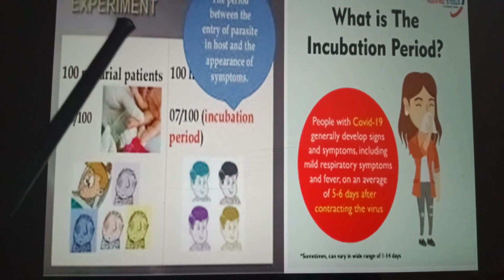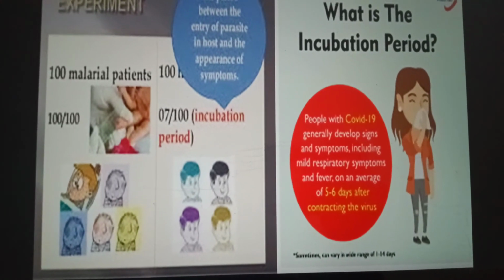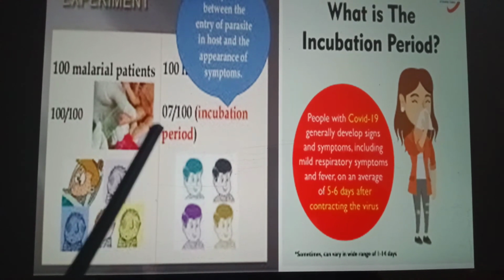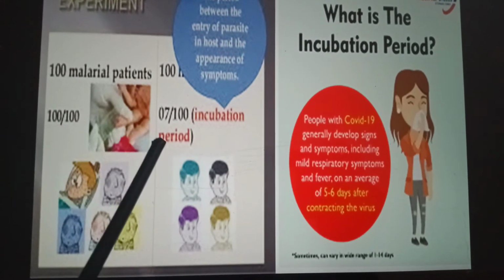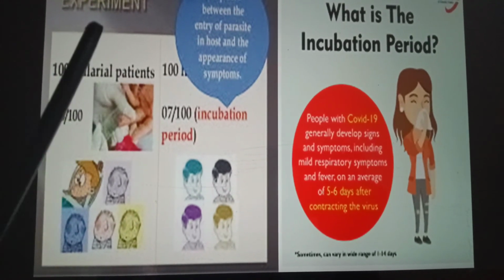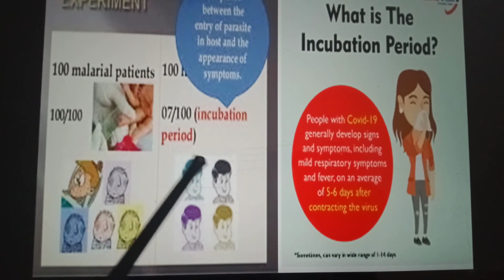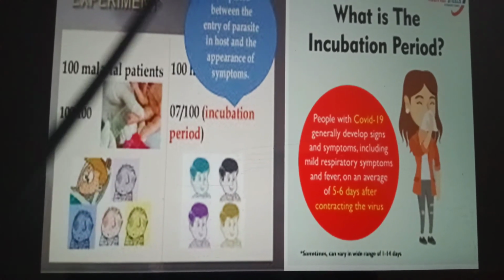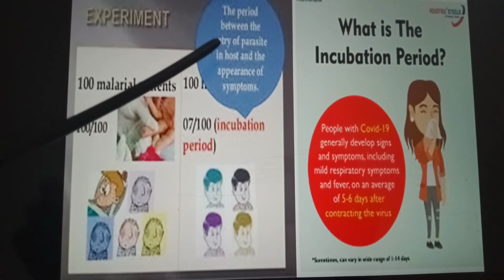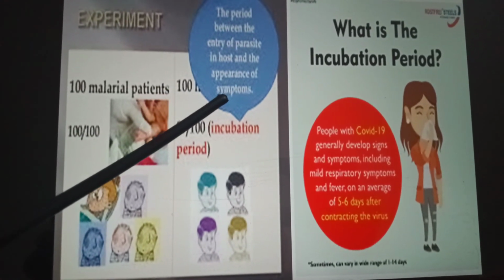The results of the experiments showed that almost all malarial patients had Plasmodium in their blood, while 7 out of 100 healthy persons also had Plasmodium in their blood. Now we know that Plasmodium in the blood of healthy people was in the incubation period. Incubation period is the period between the entry of a parasite in the host and the appearance of symptoms.